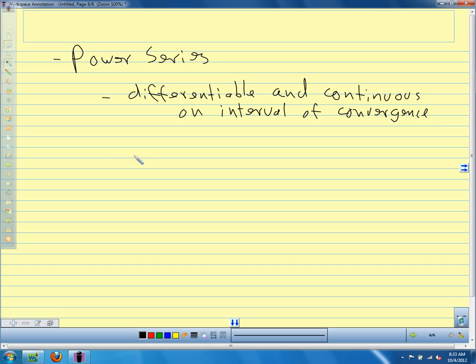The radius of convergence of the series obtained by differentiating or integrating our power series is the same.